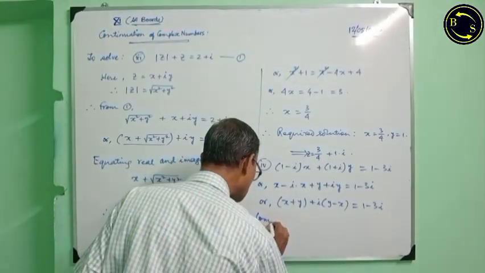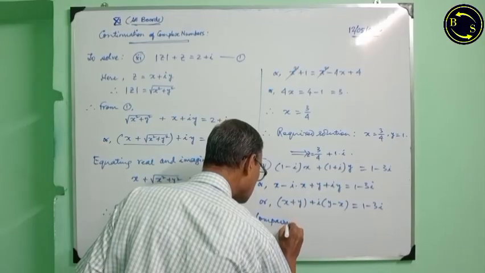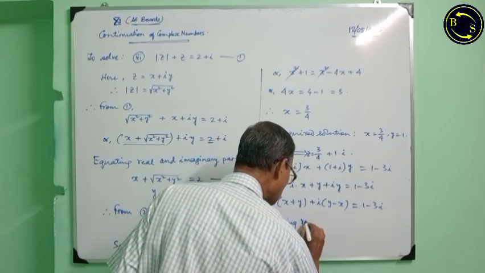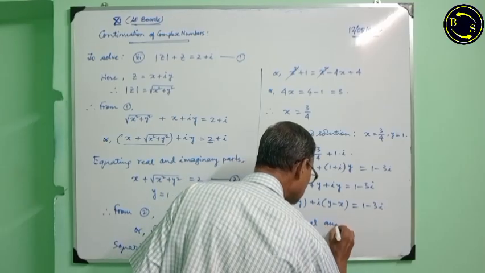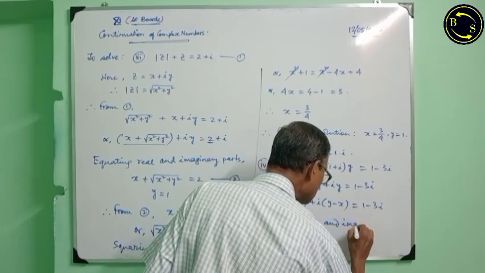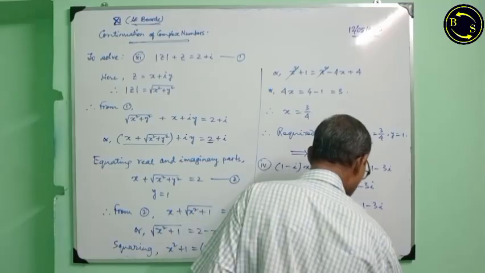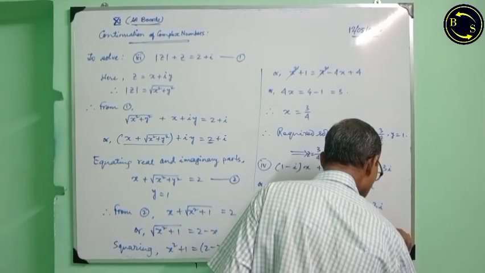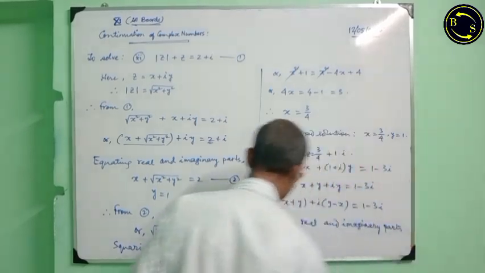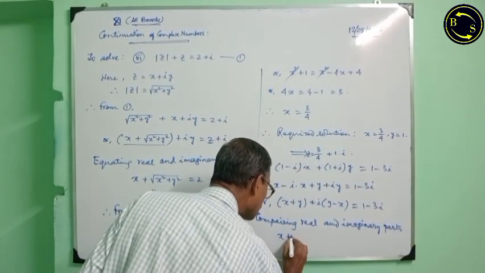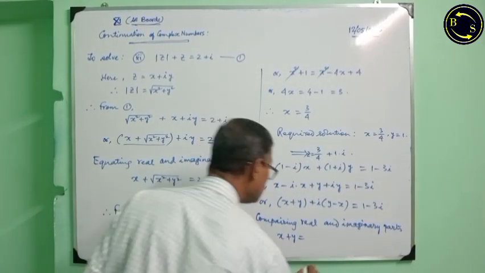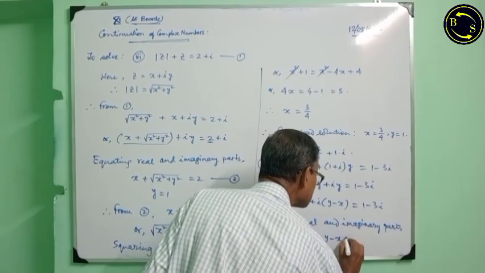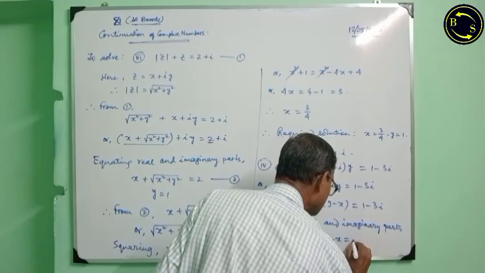Comparing real and imaginary parts, x plus y is equal to 1 and y minus x is equal to minus 3.